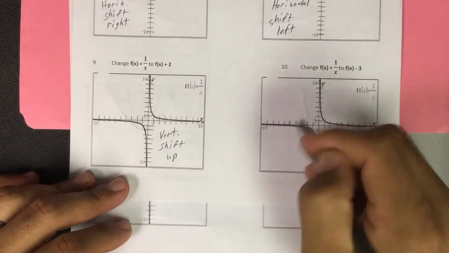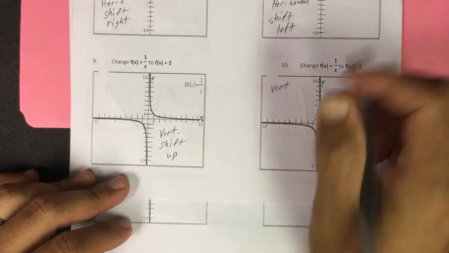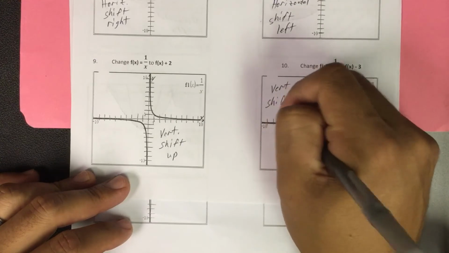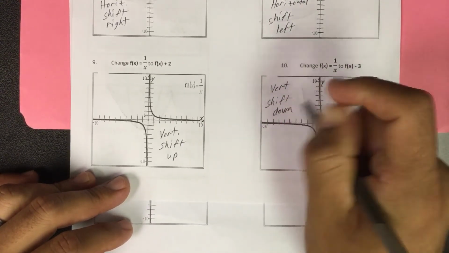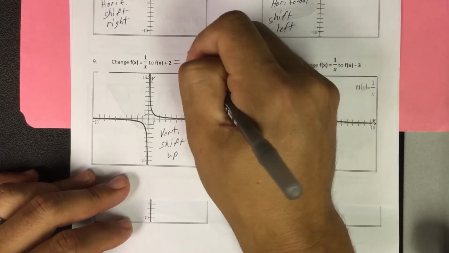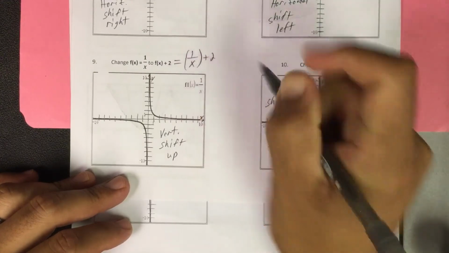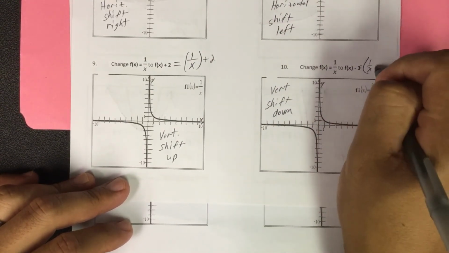This is up. When this is vertical, since they subtracted, it's down. So this is 1 over x plus 2. This one is 1 over x minus 3.